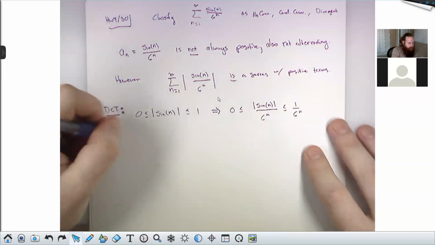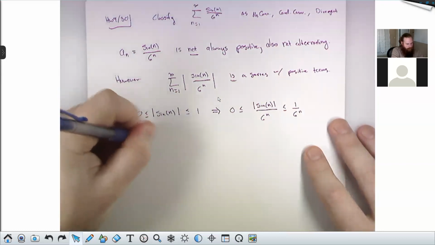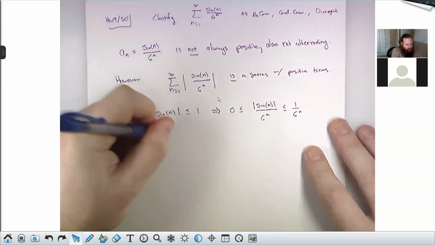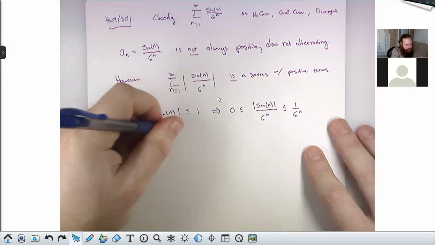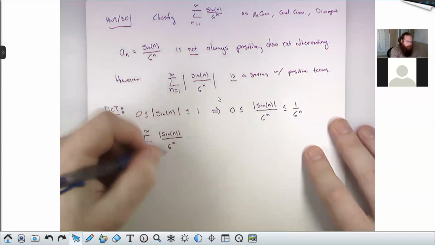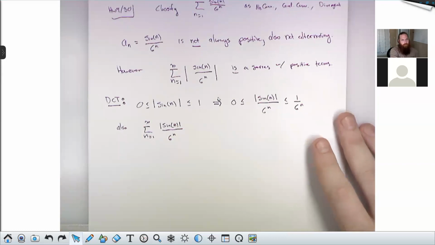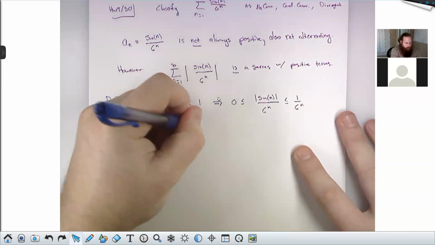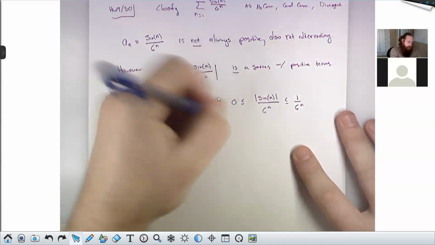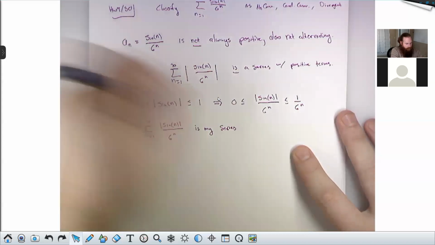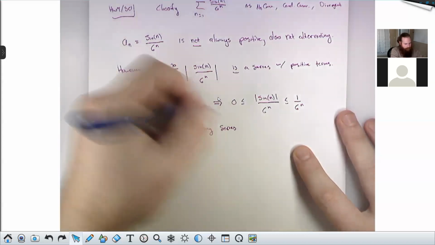And my series, if you split up the absolute value, is the series with the absolute value of sine n divided by 6 to the n, because the absolute value of 6 to the n is just 6 to the n. Is this series.